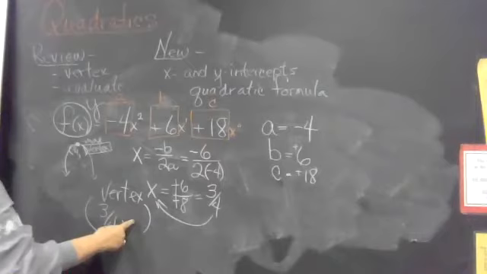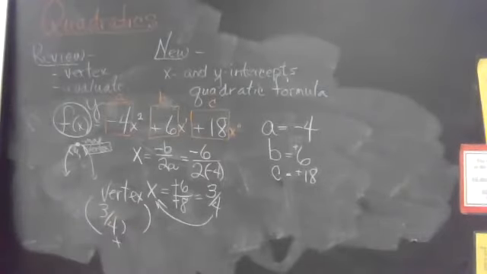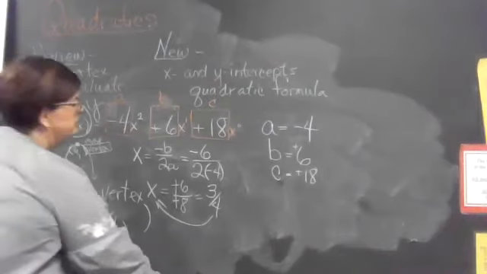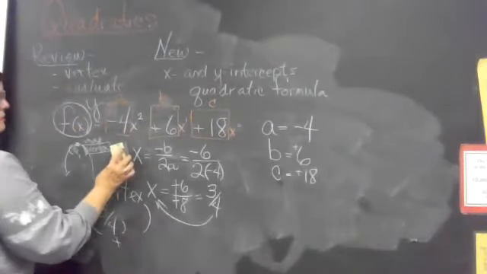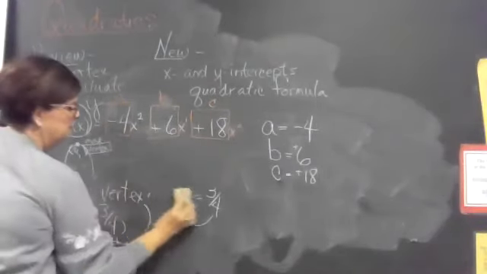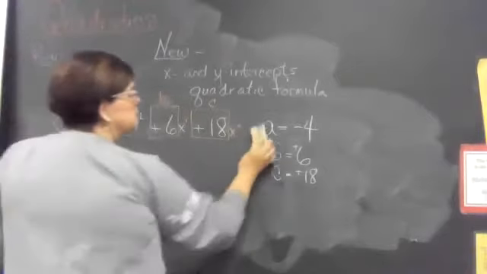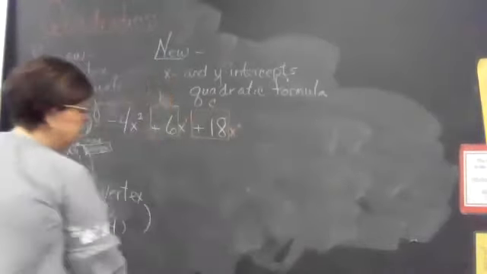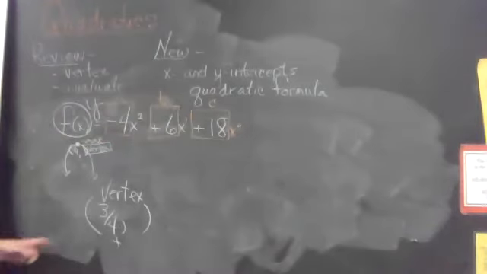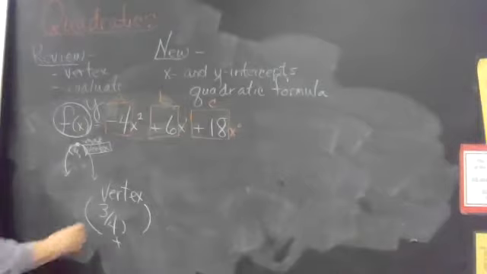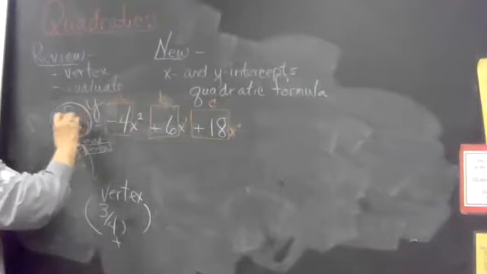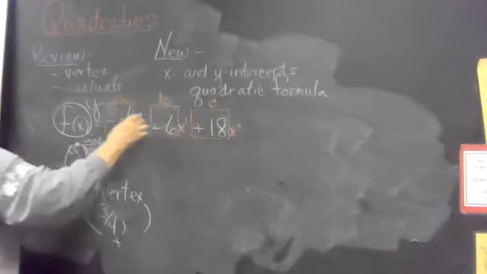And we still have to have a y value, okay? We still need a y value. So to give me more room, I'm going to erase this much. To find the y value, we simply plug in the x that we have. So now we have, I'm using the original equation now.